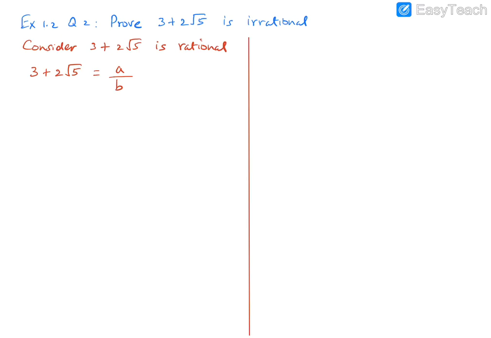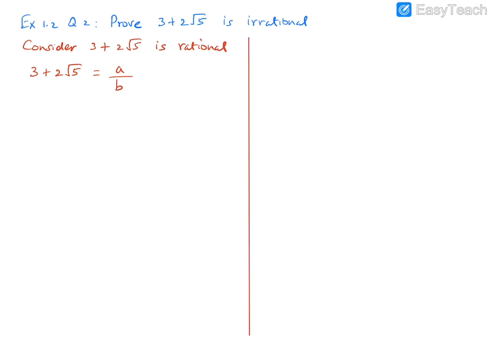That's the general statement, so we will take it as a given. Henceforth when we discuss this, I will not explicitly state that. So 3 plus 2 root 5, the rational number, can be represented as a ratio of integers with no common factors between them other than the number 1, and the denominator is not equal to 0.